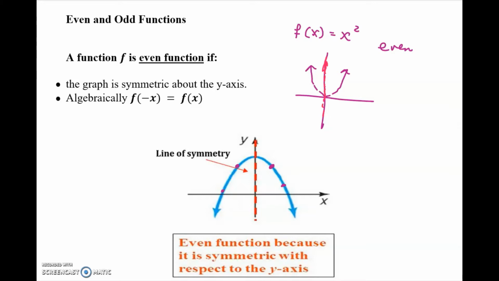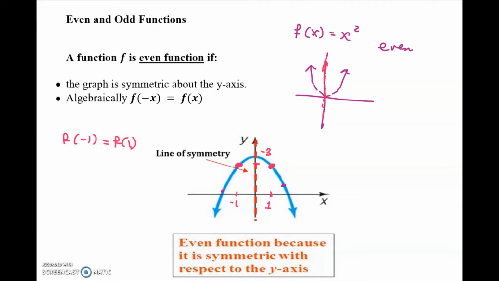Algebraically, f of negative x is equal to f(x). For example, if this point here is 1, and this point here is -1, that's going to be the same for f(-1). So f(-1) basically equals f(1).